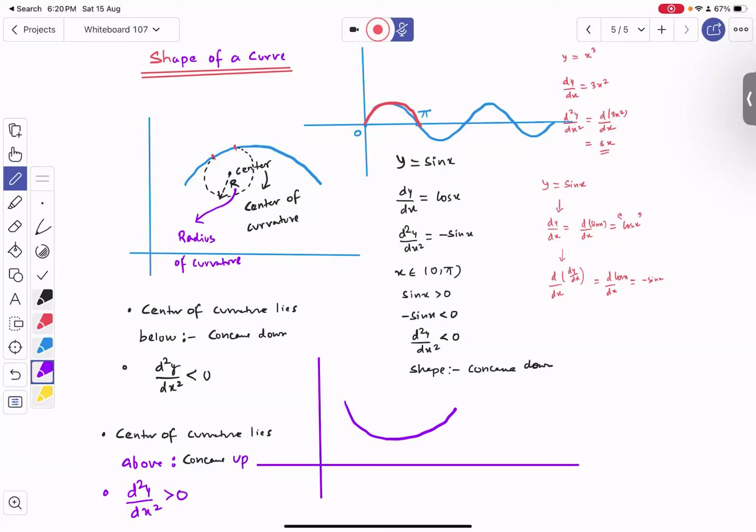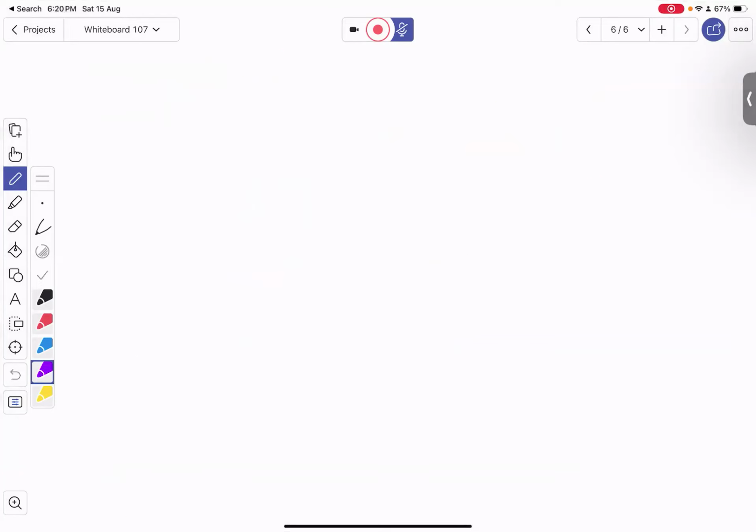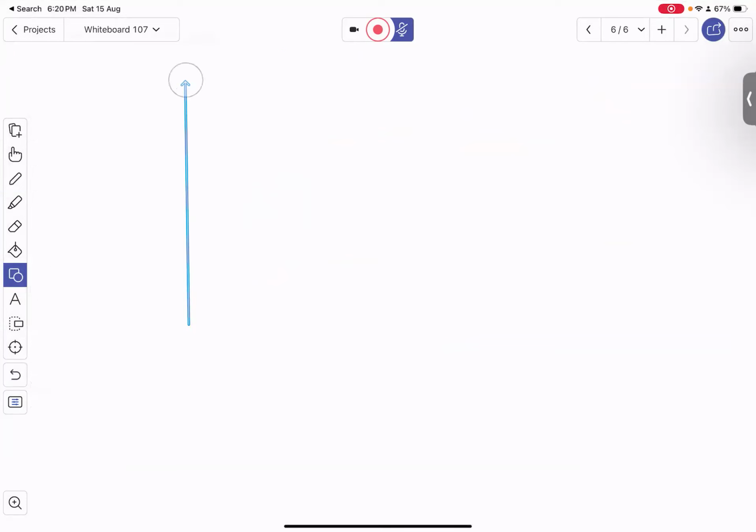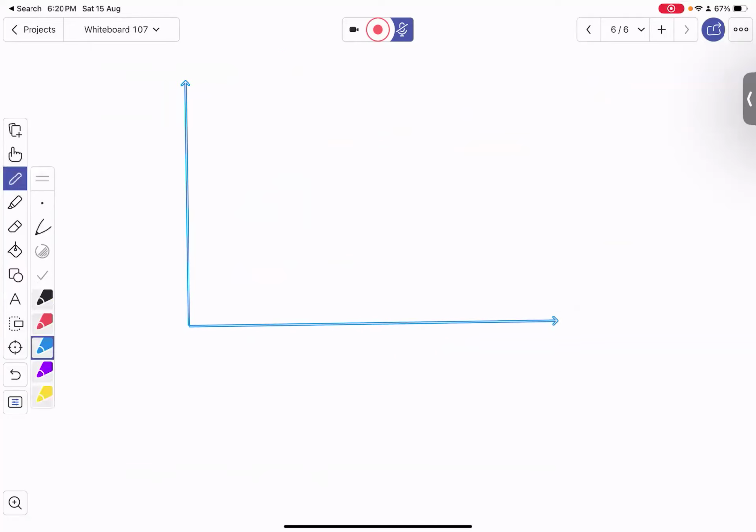Okay. So for a function to attain maxima, it must increase, then it should decrease. Always increasing will not give him a maxima. So it must increase and then it should decrease. And if it increases and decreases, it will end up giving a shape that will be concave down.